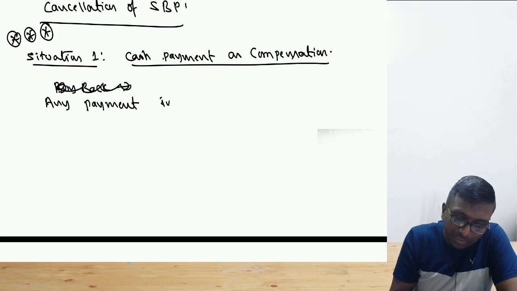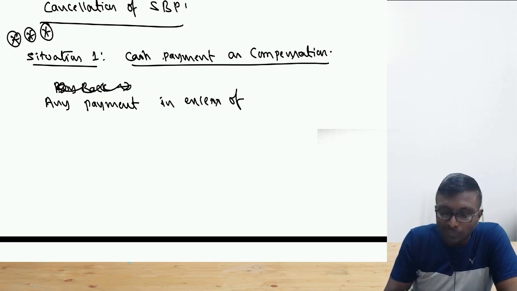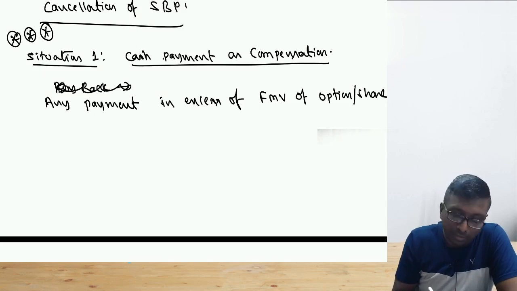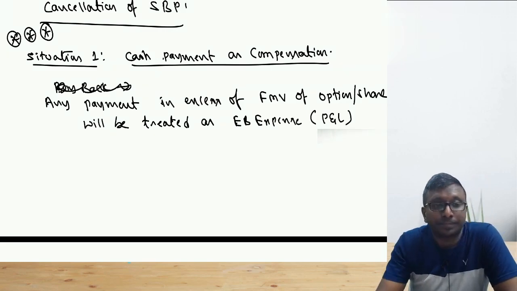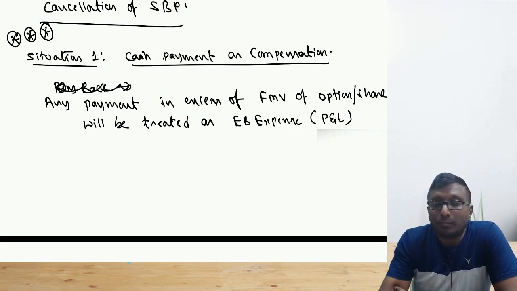Any payment in excess of fair market value of option or share will be treated as employee benefit expense, bracket में P&L.